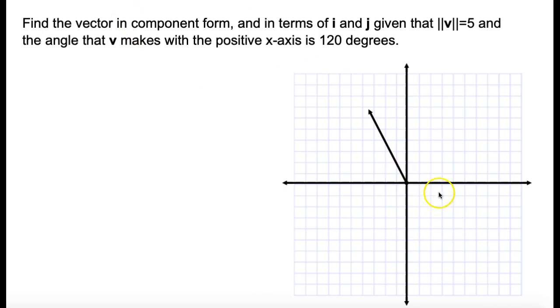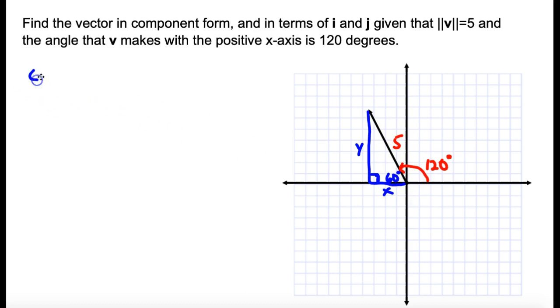We know that this angle is 120 degrees, and we know the length of the vector is 5.